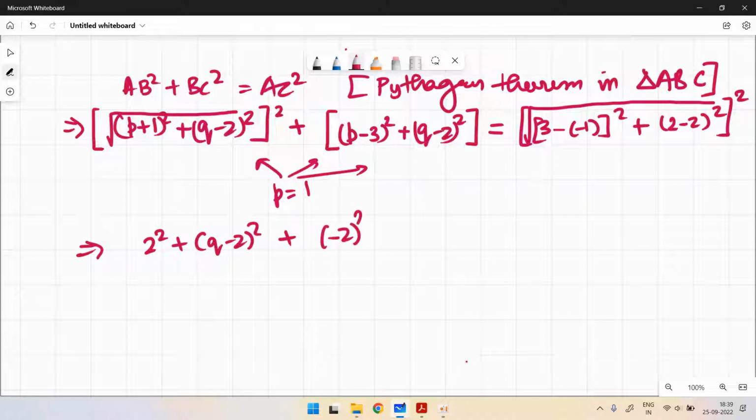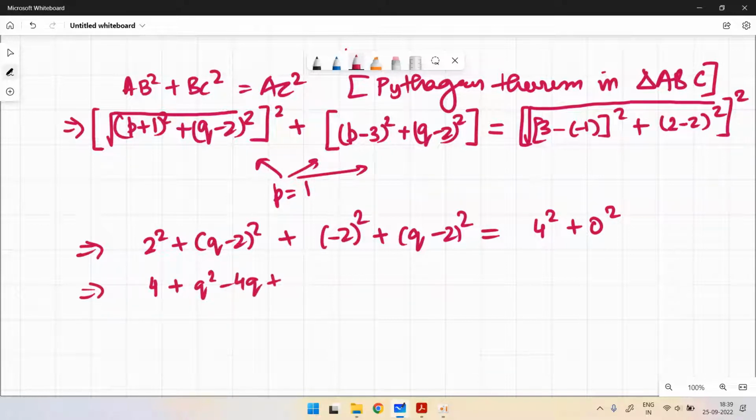Writing this like this, (Q minus 2) square equals (3 minus of minus 1, that is 4) 4 square plus (2 minus 2 is 0) 0 square. If you expand this, it is Q square minus 4Q plus 4, plus (2 minus 2) square, also 4, so this is Q square minus 4Q plus 4 equals 16.